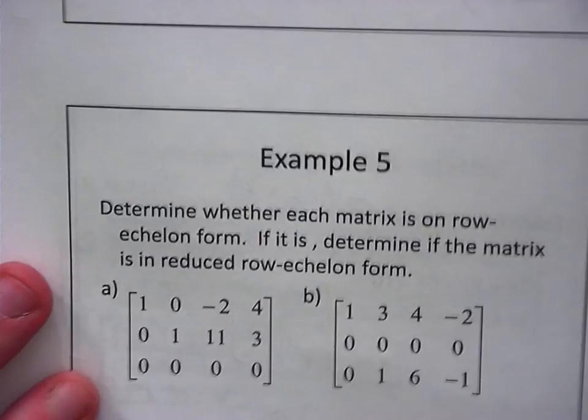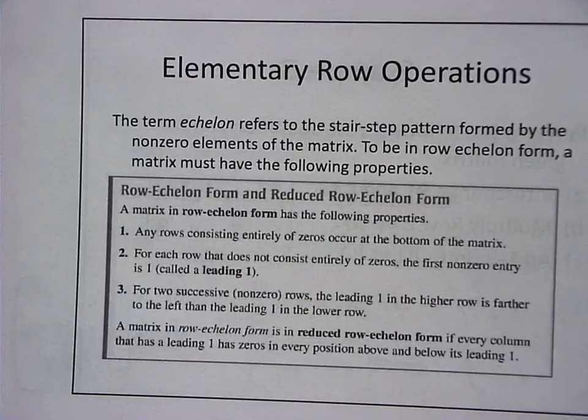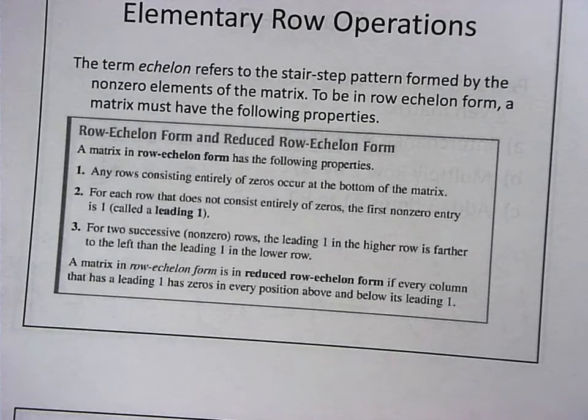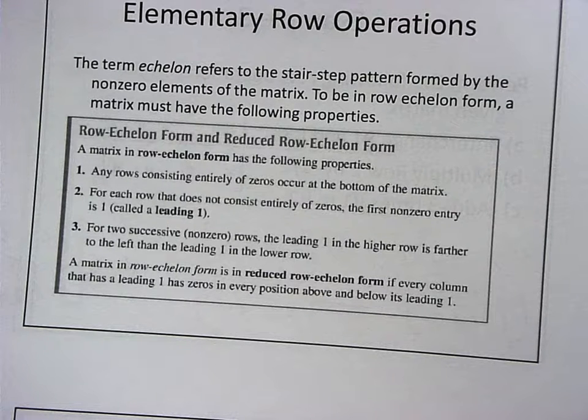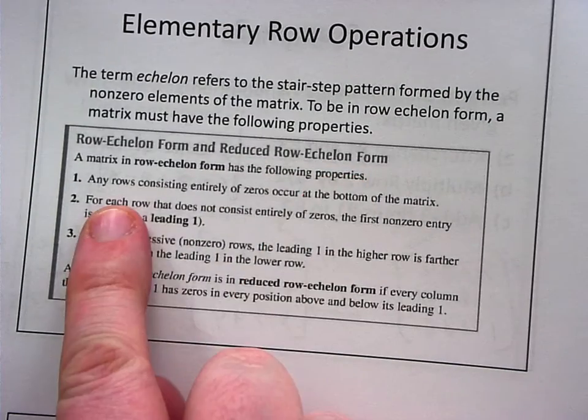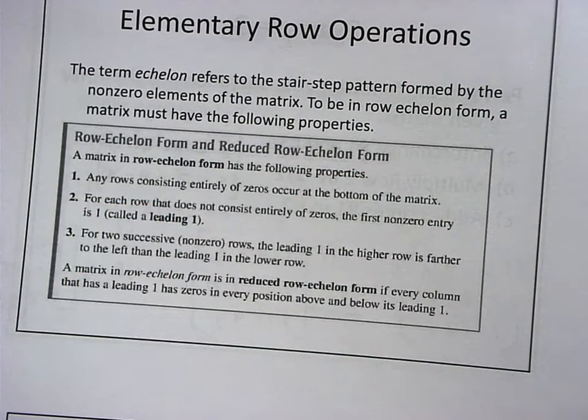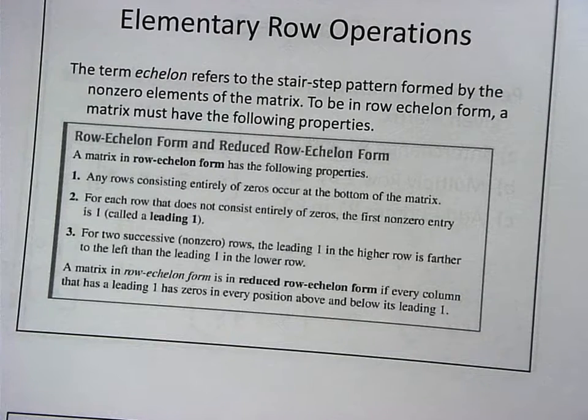All right. Now, these elementary row operations, that manipulation we just did, will also allow you to get the matrix into two different forms, potentially. Okay? Sometimes they'll just ask you to, instead of solving the thing all the way out, get it to what's called a row echelon form or reduced row echelon form. Now, row echelon form means any row you have that's nothing but zeros is at the very bottom.